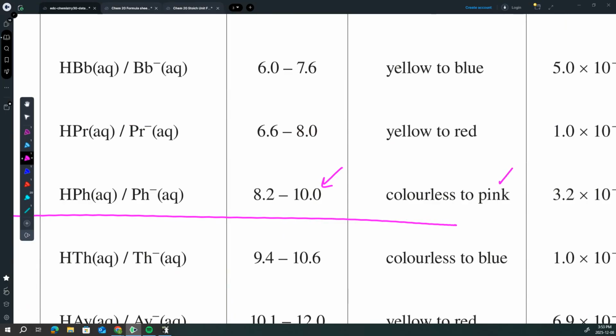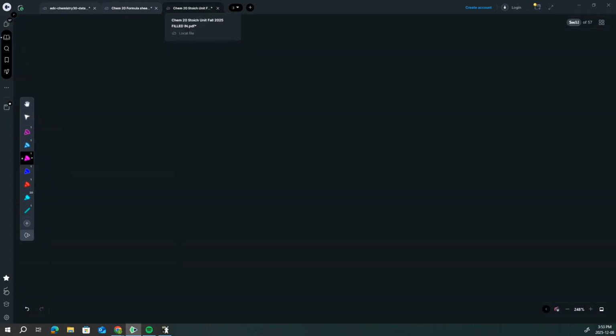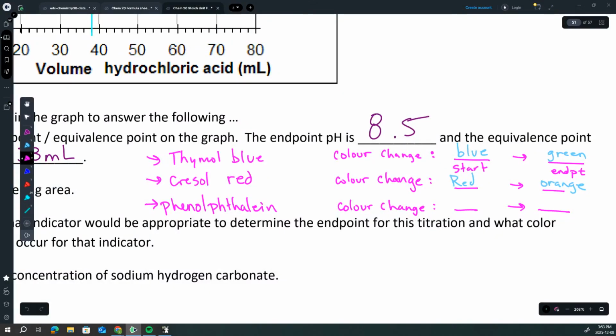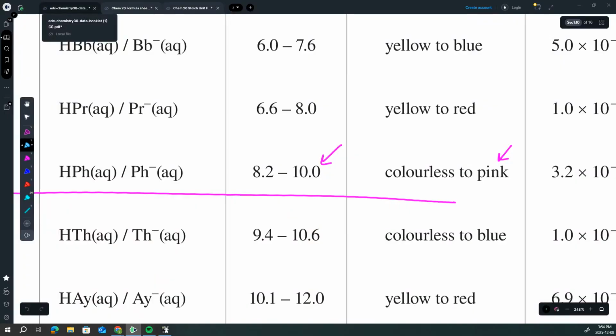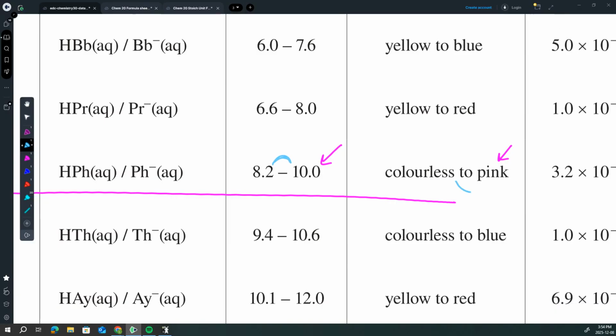So that's going to be pink because it's above 10. Okay, and then at a pH of 8.5, we're in between 8.2 and 10, so we're in between colorless and pink, so that's just going to be a very light pink.